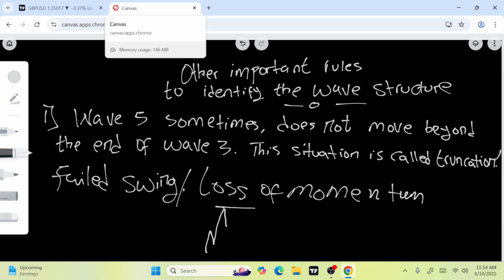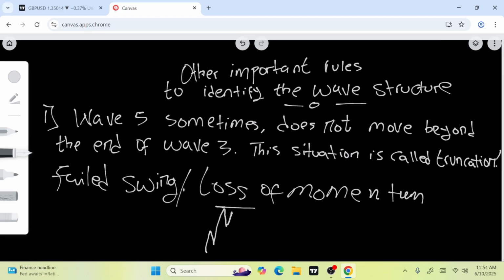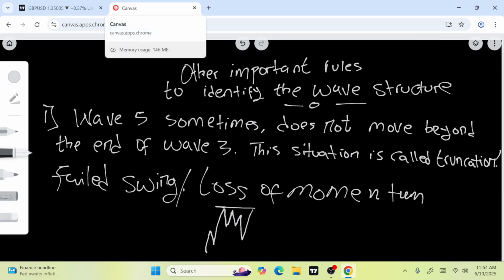So when wave five begins, sometimes it does not go beyond it. And when it does not go beyond it, what happens? Failed swing. Do you remember your market structure? Loss of momentum. That could now be responsible for your next correctional movement, A, B, C, before market now continues going up again. Do you get it now?